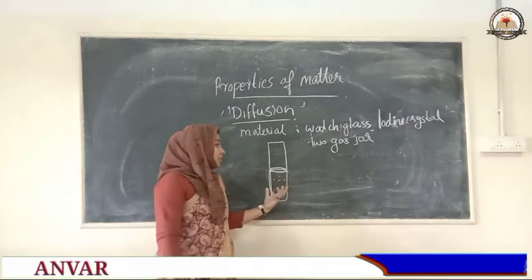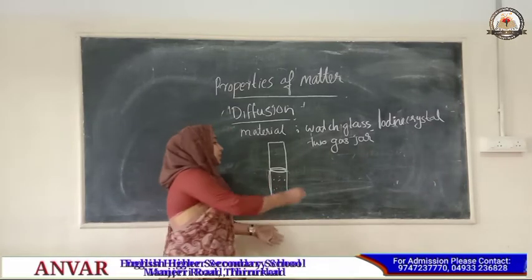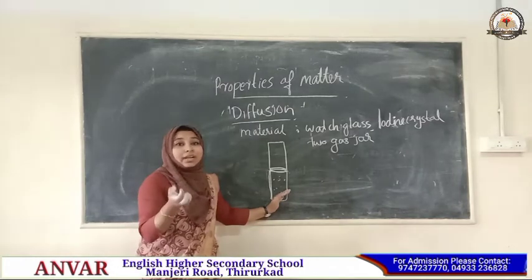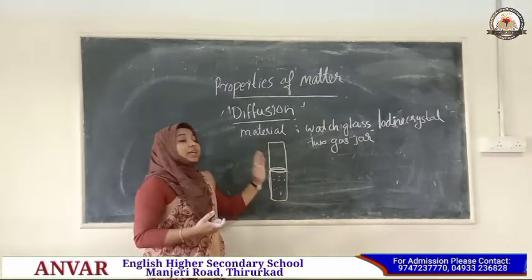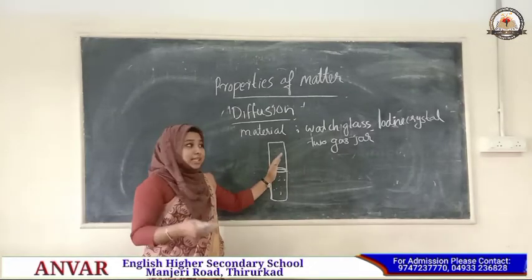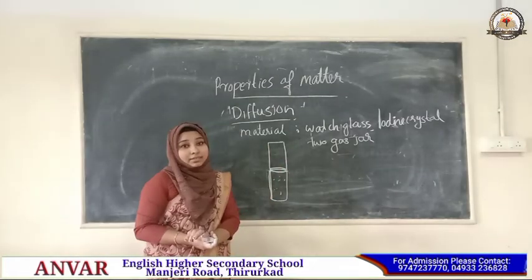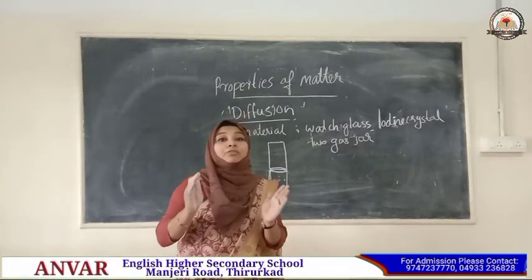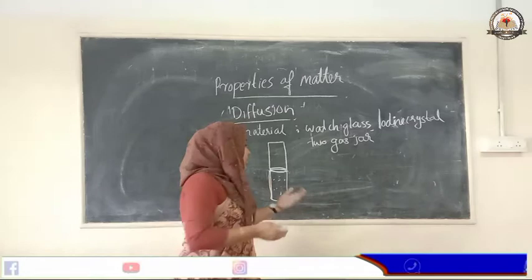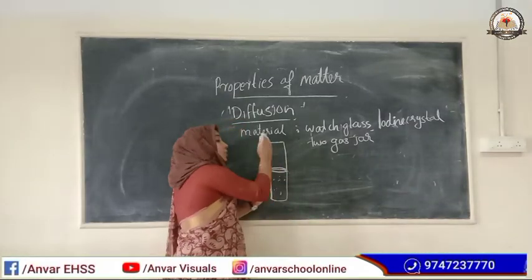What is the reason? This is because iodine is a solid substance. When we heat this iodine, it changes its state and forms a gas. And the gaseous molecules, the particles, have more freedom of movement, so they move from one jar to another jar.